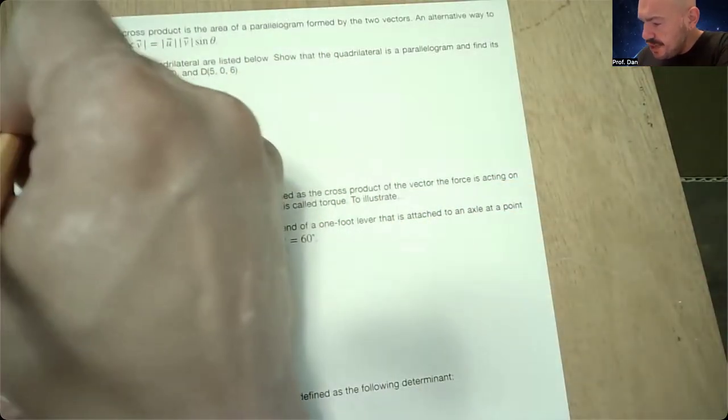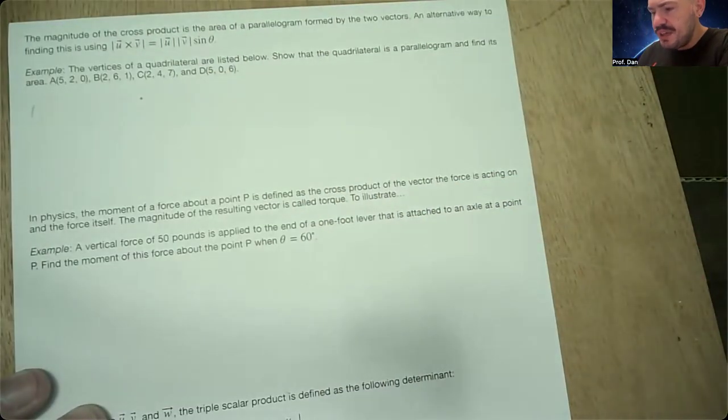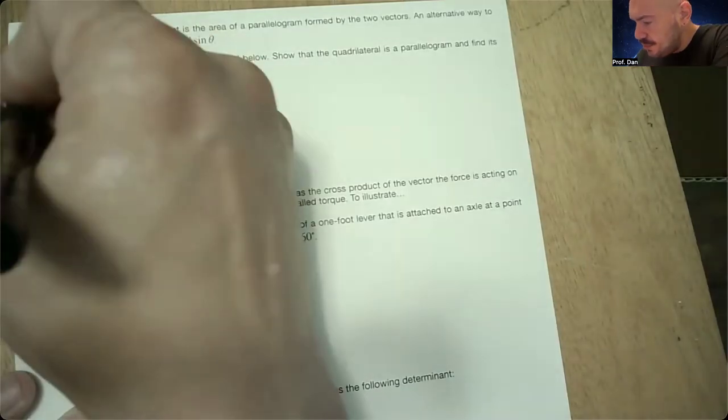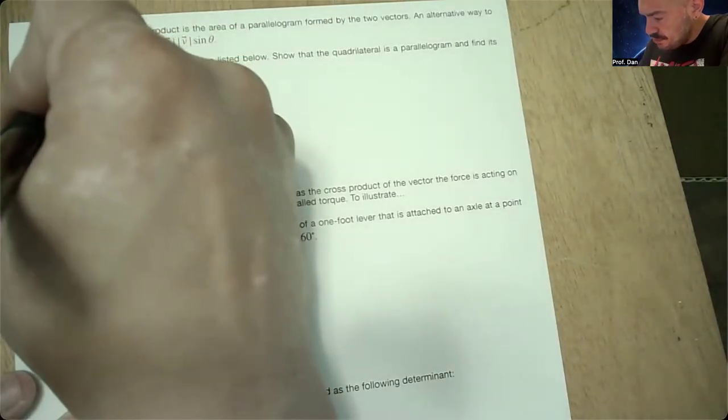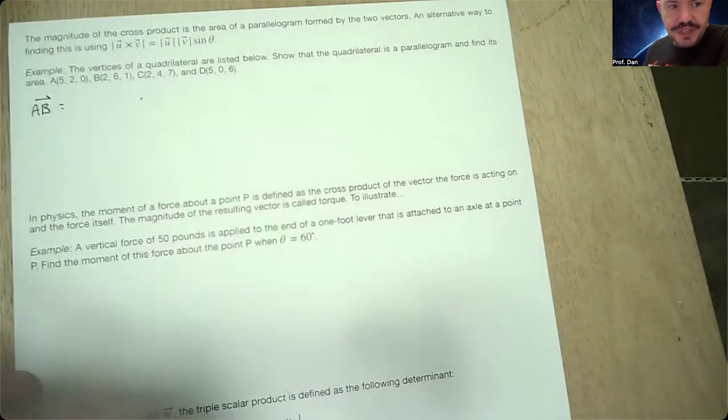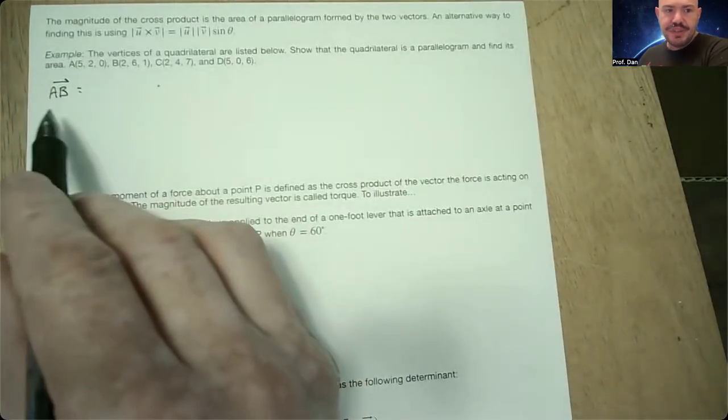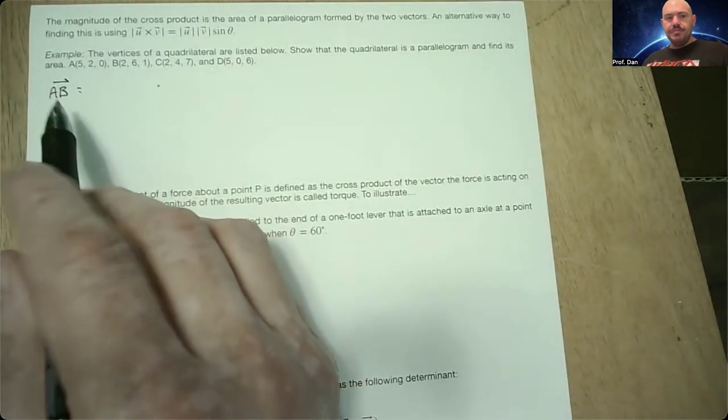For example, I could start off by finding vector AB. Here we're assuming A to be the initial point, B to be the final point.